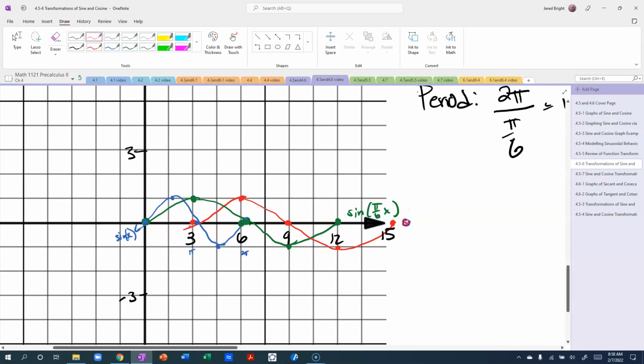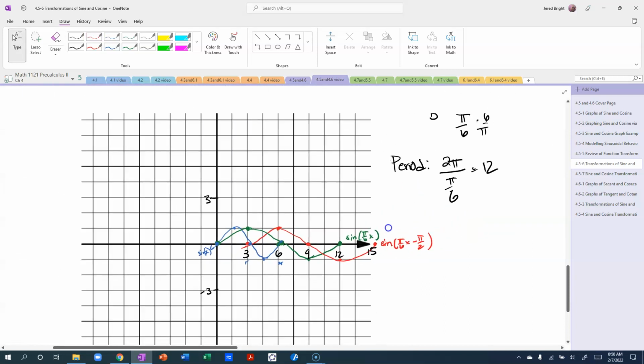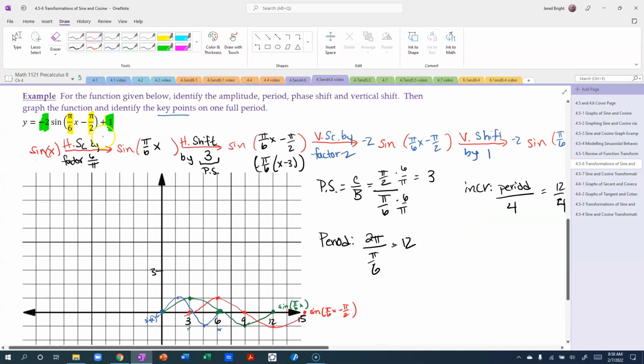And then this would be the sine of pi over 6x minus pi over 2. That was what I said I would do second. So I've done this one. Maybe I'll just keep these color-coded. I start with that and then I do these transformations.